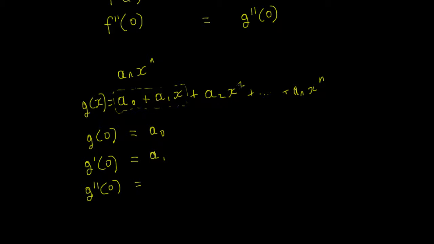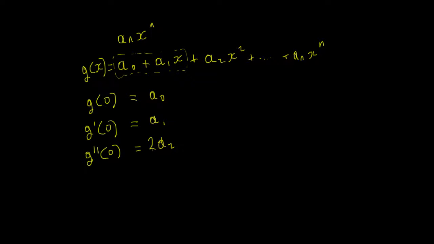This here would be 2a2, and it's been differentiated twice, so the value of x would disappear, and all these other x terms would disappear whenever we set x to 0. So you'd end up with 2a2. If you're unsure, just work through a full table and you'll see that these are the values that come out.